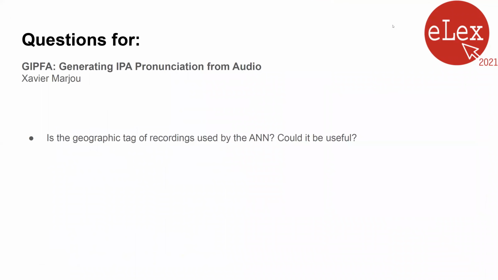So my question is, did you use that geographic tag of the recordings in any way? Is it used by the artificial neural network, or could it be useful? Maybe it is an indicator of what kind of pronunciation to expect as well.